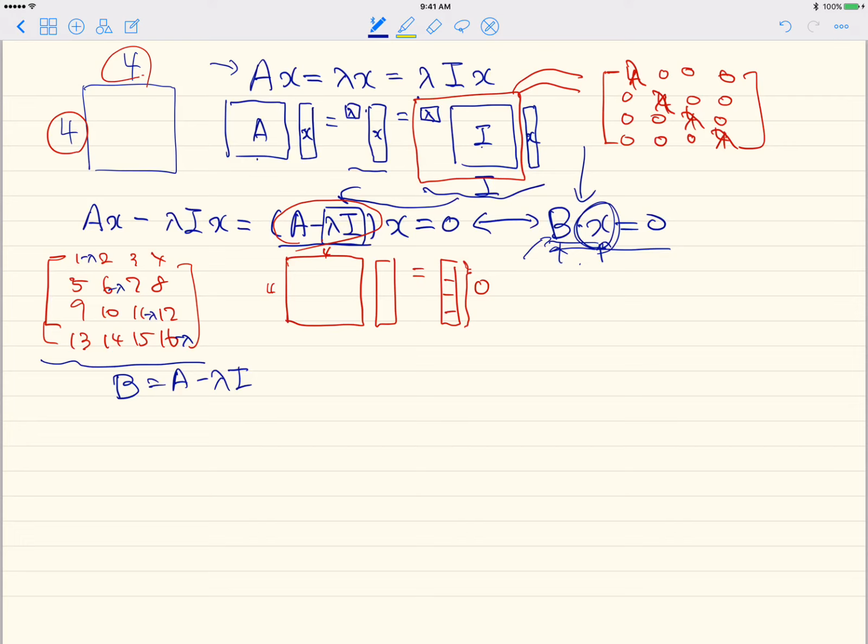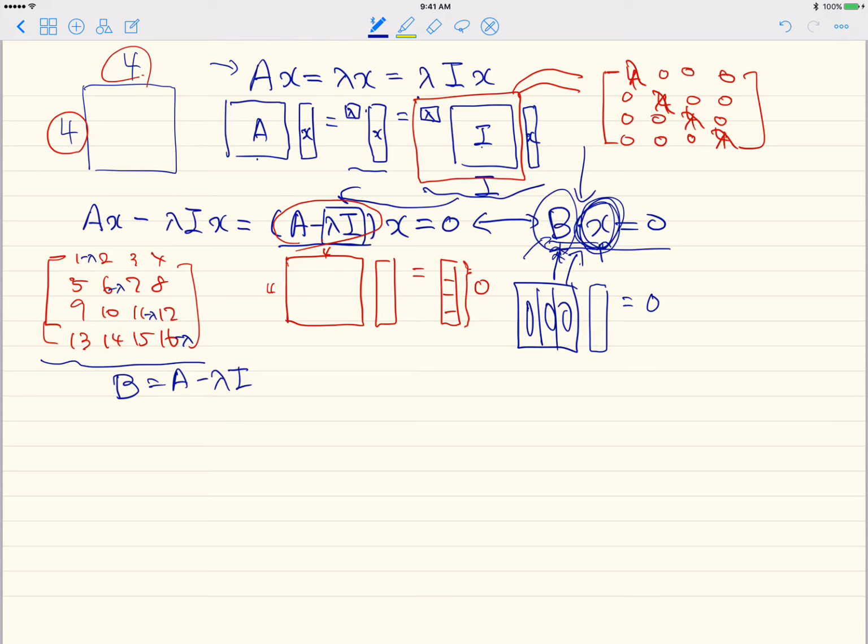But if the columns of B are linearly dependent, then we now have a non-trivial solution, or non-zero vector, for this vector x. So in order to have some non-zero eigenvector here, our matrix B should be linearly dependent, right?